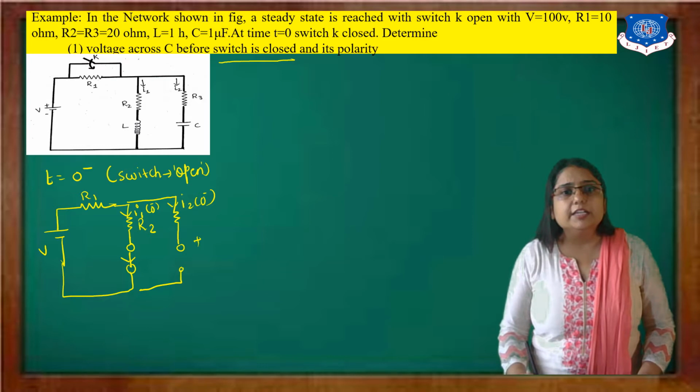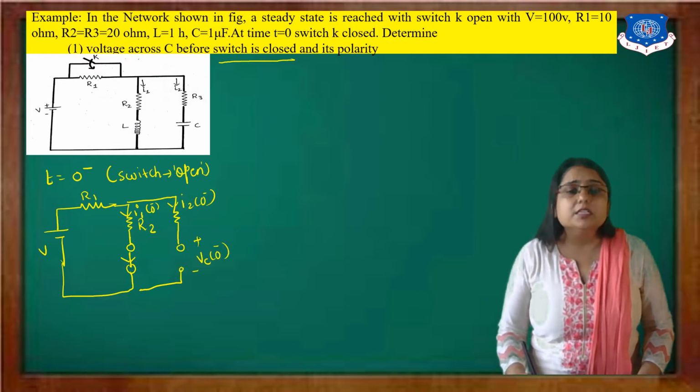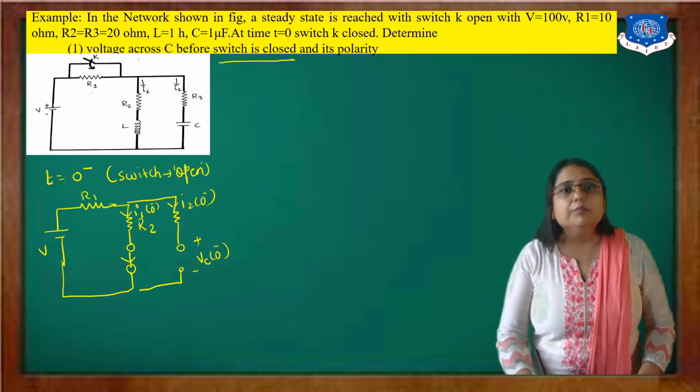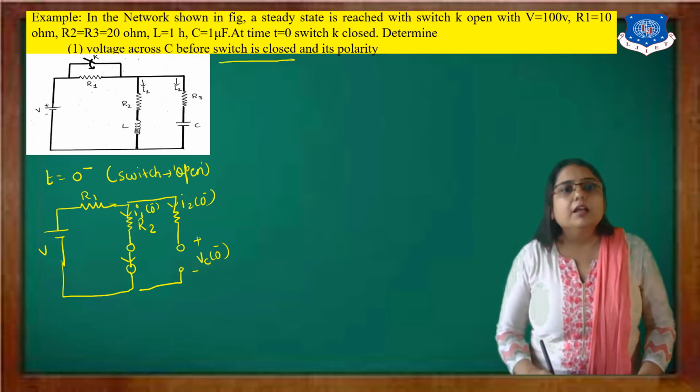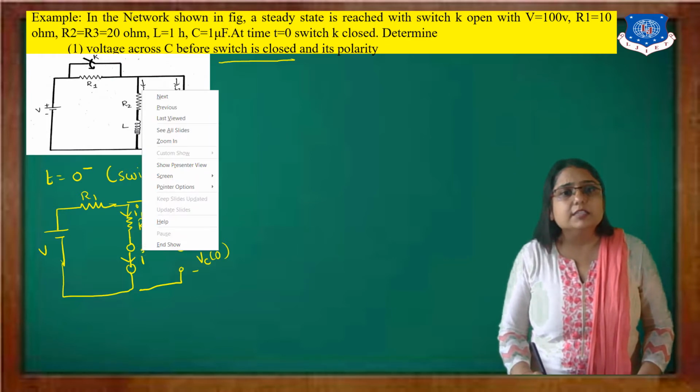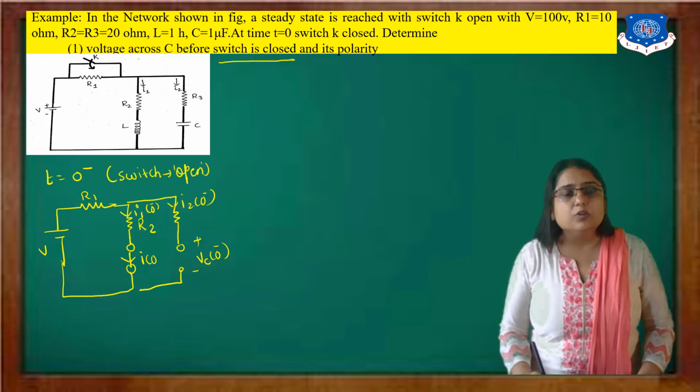And this voltage is known as VC at 0 minus, because this is the voltage drop across the capacitor before the switch is closed. Now see this inductor, this current I am saying is I at 0 minus, or you can say it is I at 0 plus. This is the initial current through this inductor.